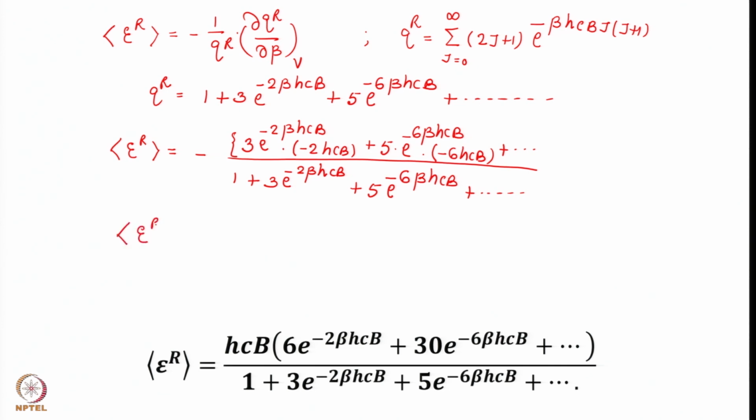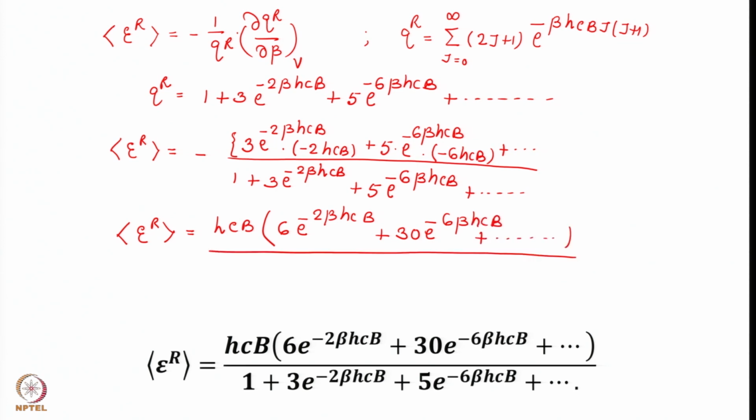So the mean energy will be equal to, I can take hcB out, and inside we have 6 into exponential minus 2 beta hcB plus 30 into exponential minus 6 beta hcB plus so on, divided by 1 plus 3 exponential minus 2 beta hcB plus 5 exponential minus 6 beta hcB.